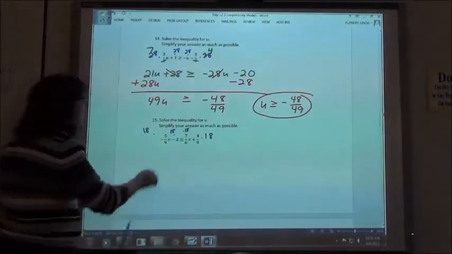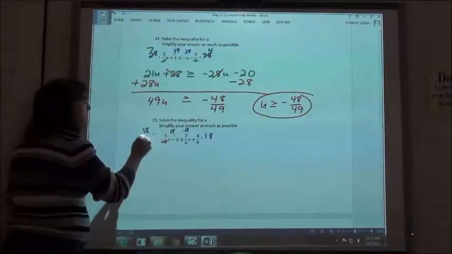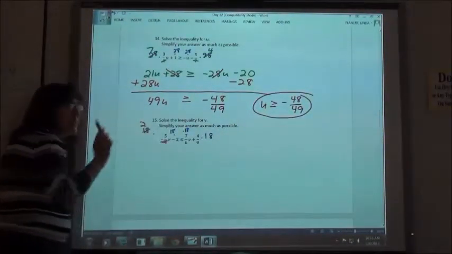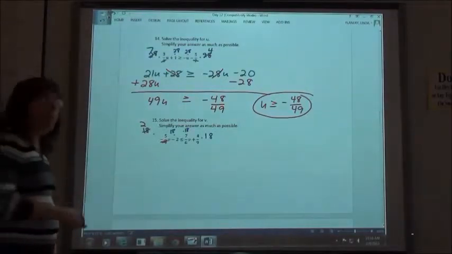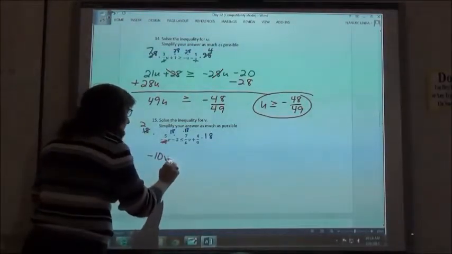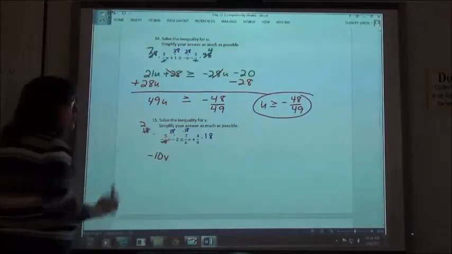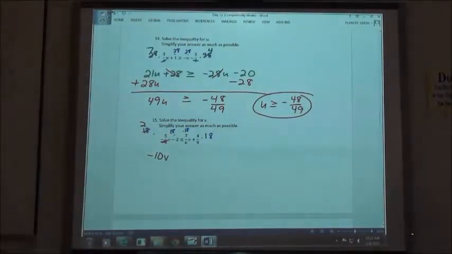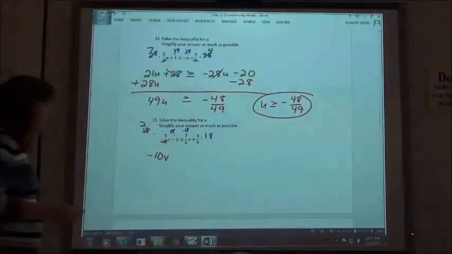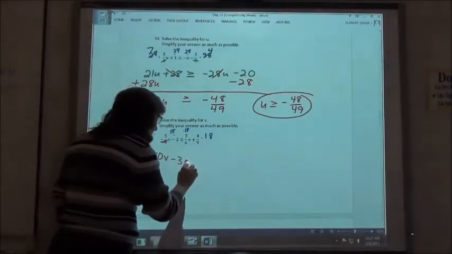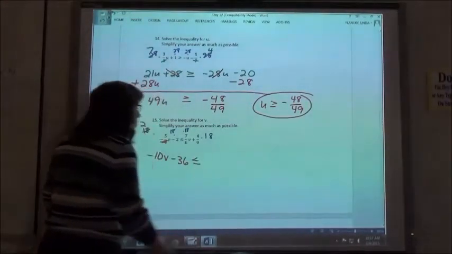So 9 goes into 18 2 times. 2 times negative 5v, negative 10v. Here I don't have a fraction. I can't cancel. So I have to take 18 times negative 2, negative 36, is less than or equal to.